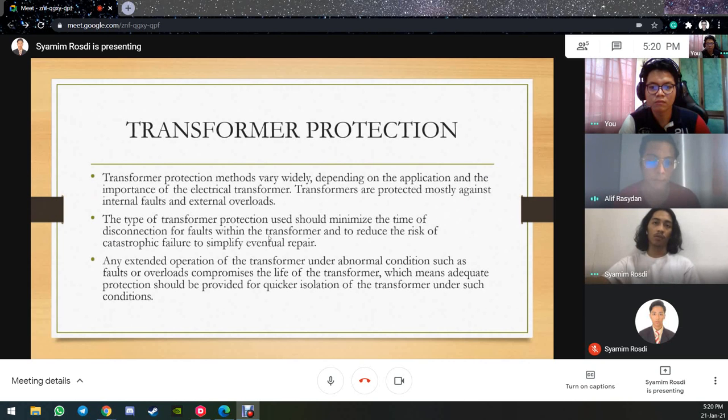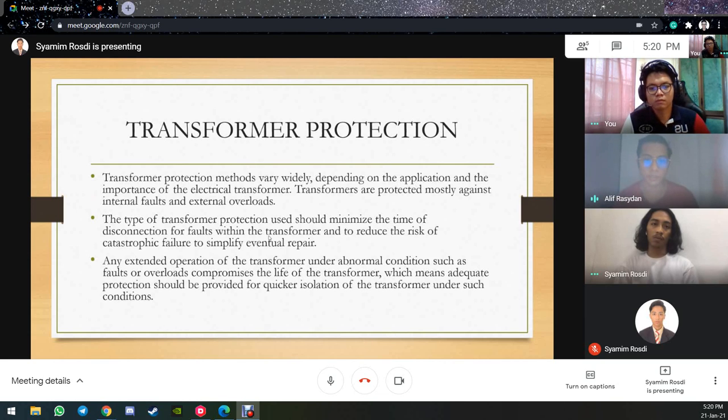Next, I want to talk about transformer protection. Transformer protection methods vary widely depending on the application and the importance of the electrical transformer. Transformers are protected mostly against internal faults and external overload. The type of protection used should minimize the time of disconnection for faults within the transformer and reduce the risk of catastrophic failure, to simplify eventual repair.